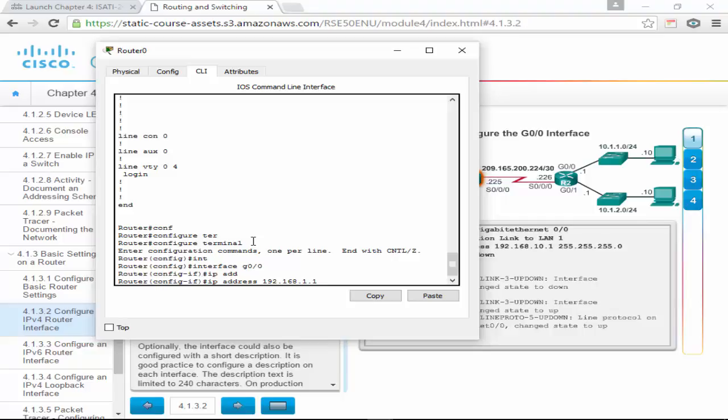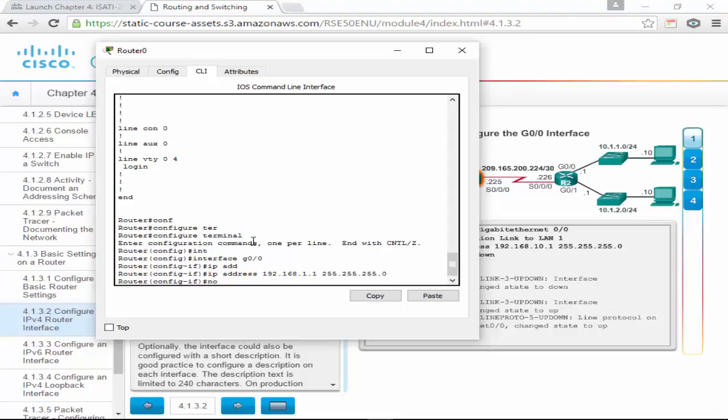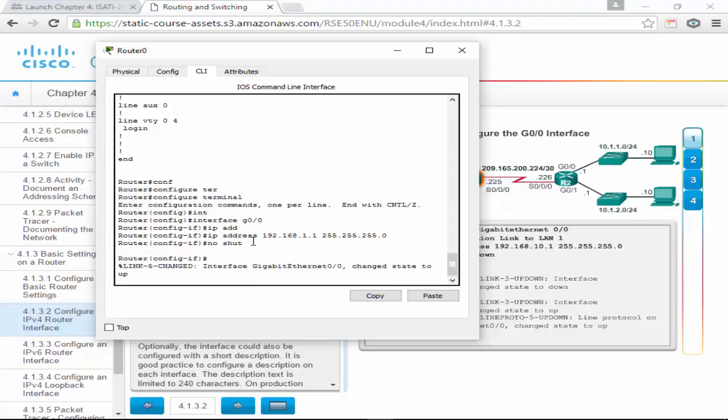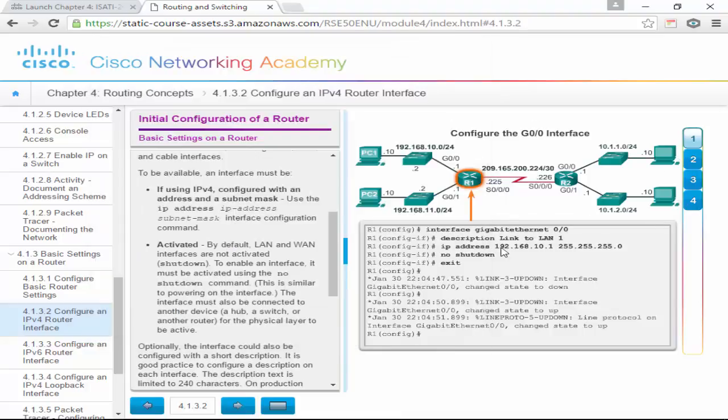So I do 192.168.1.1, or any other usable host address in a network, to put an IP address on that router. Then I say no shutdown, and I turned it on, and so now that thing could connect into a 192.168.1.0 network. This one says 11 and 12, so it's a different network, but it's on, and that's basically all we have to do to configure that interface.